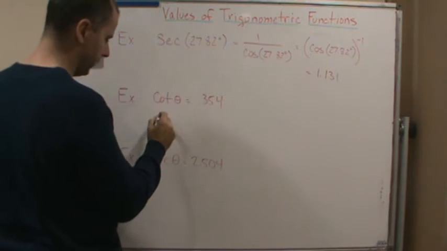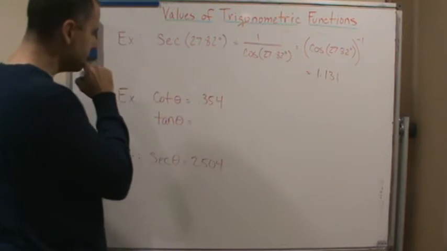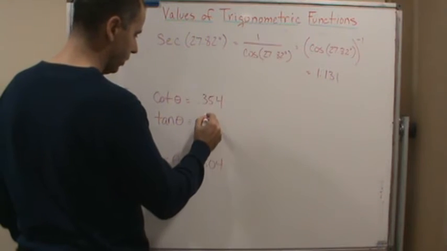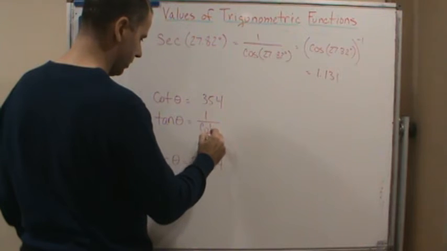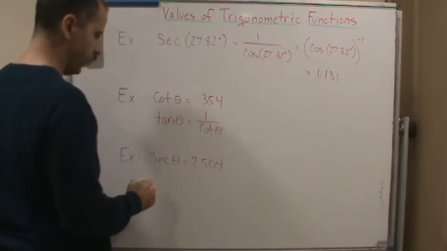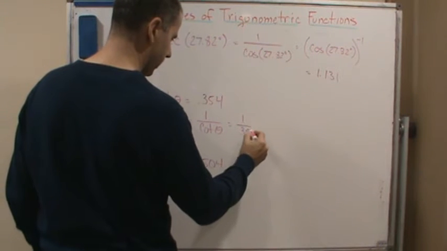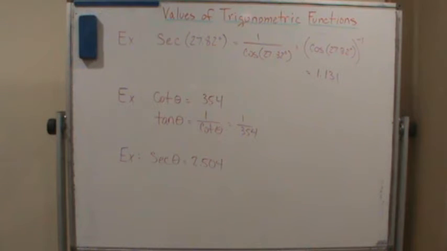What is tangent? Tangent of theta equals 1 over cotangent of theta, which equals 1 over 0.354. So the calculator value is shown here.